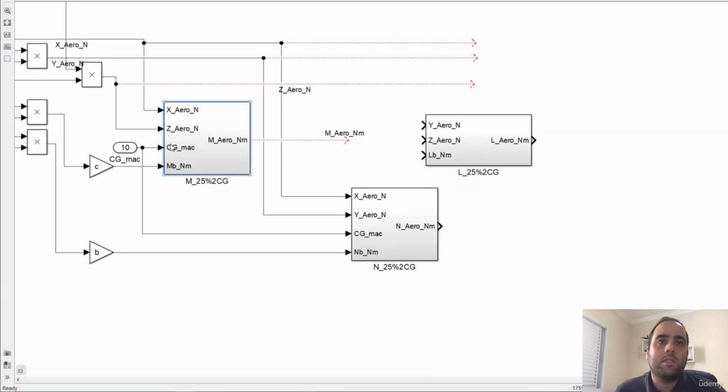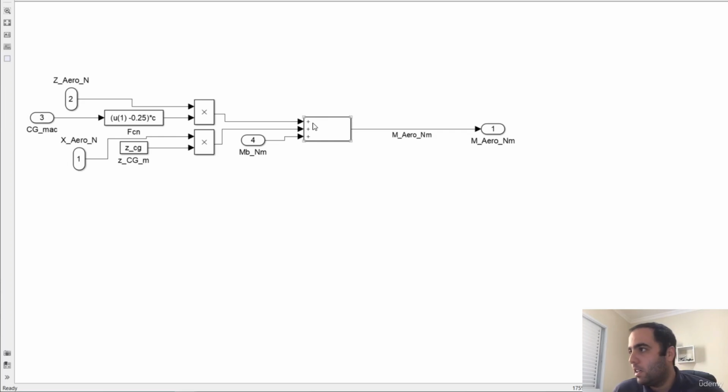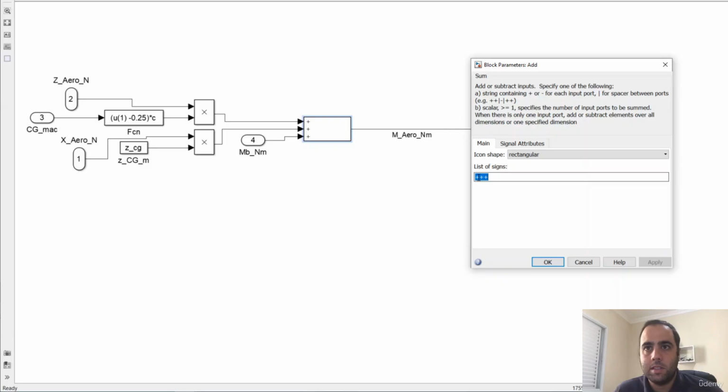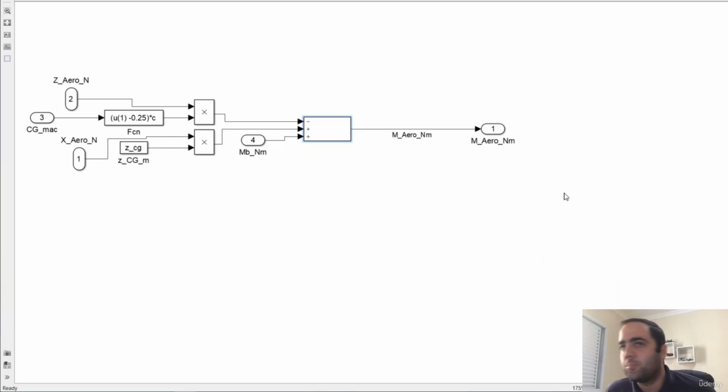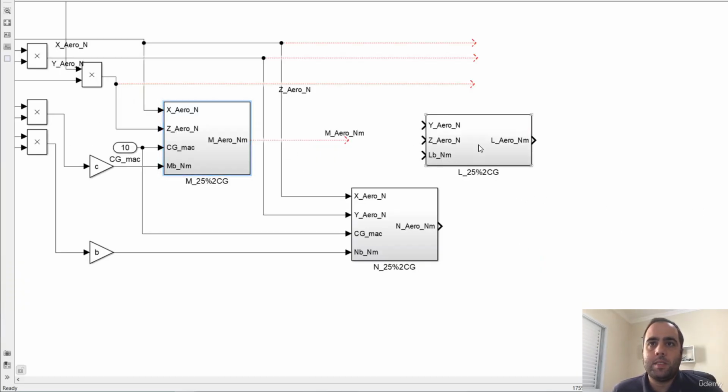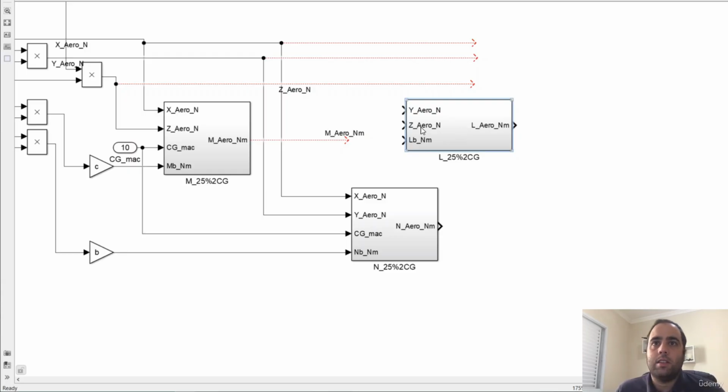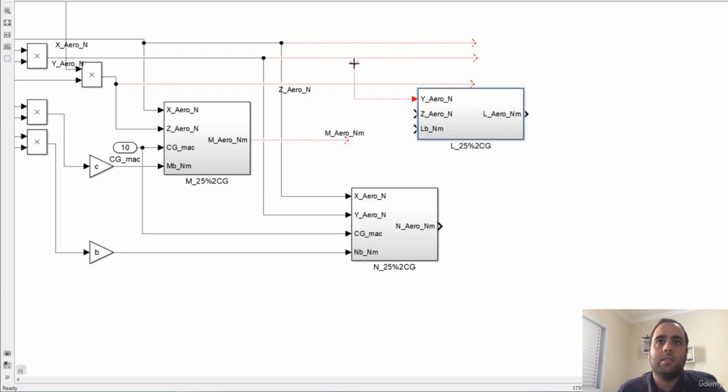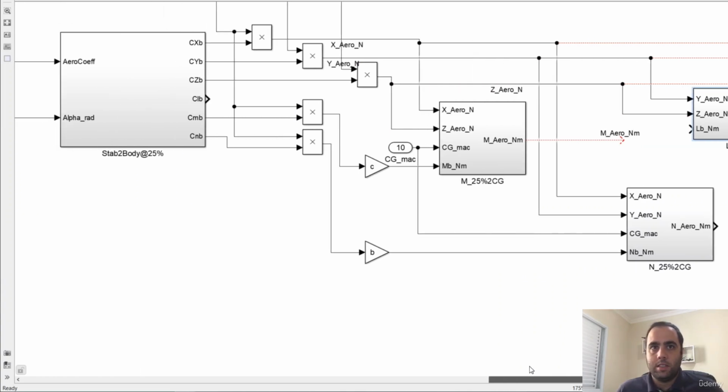For the moment here, we have to correct because the sign is mistaken. This should be a negative sign because the moment generated here is in the opposite sense, it's negative, so it should have a negative sign here. Okay. So now let's just connect everybody here. So the Y here, the Z here. Let's calculate our moment here.